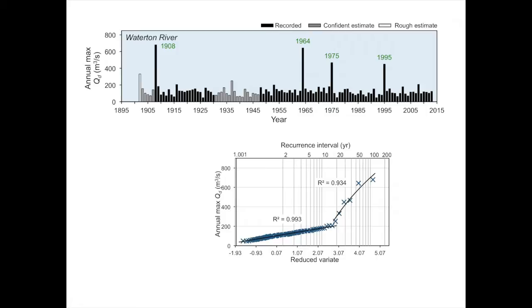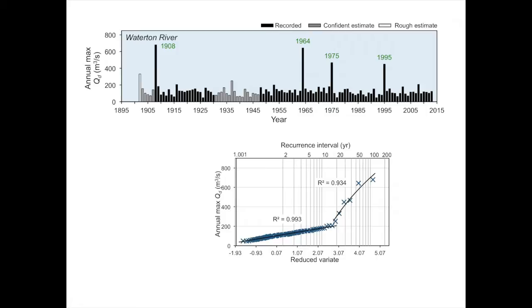Now, the problem with this in terms of the statistics is that this is not, in fact, one distribution of high flows, but in fact is 2. So if we plot the recurrence estimates for the particular time series, 1902 to 2013, including the estimates for last year, what we see is that the flood series up to about the 10 or 15-year recurrence fits one relatively linear function.